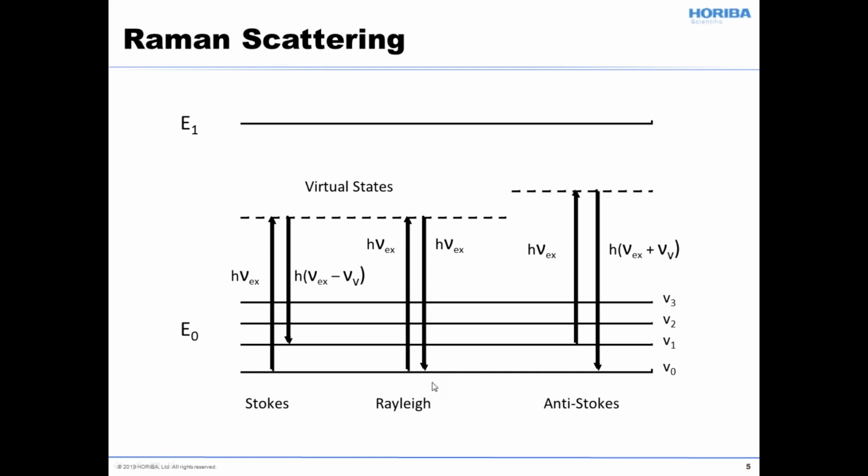Now in Raman spectroscopy, you have both Stokes and anti-Stokes Raman scattering, where the molecule originates in either the ground vibrational state or the first excited vibrational state. At room temperature, the ground vibrational state is the most highly populated, and so 99%, let me say, of all Raman spectroscopy that's done is with the Stokes.